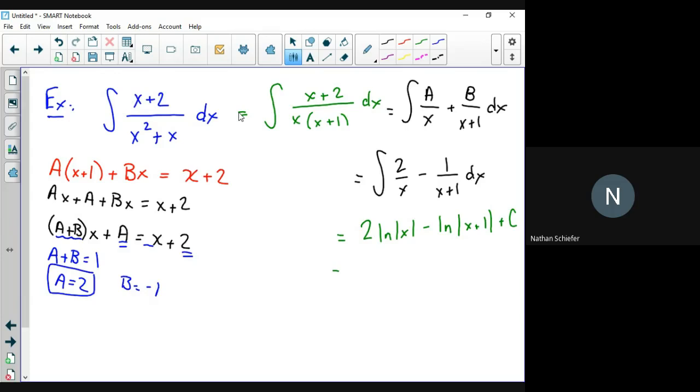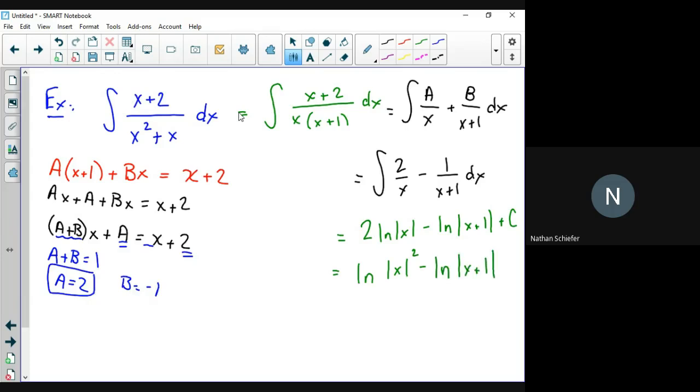Again, we could use properties of logarithms here. But before you do that, what you'd have to do is put the 2 as an exponent. And technically what that squared would do is make sure that you wouldn't have to actually use the absolute value there.